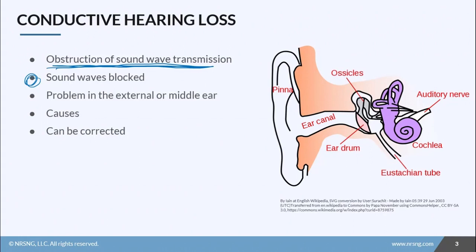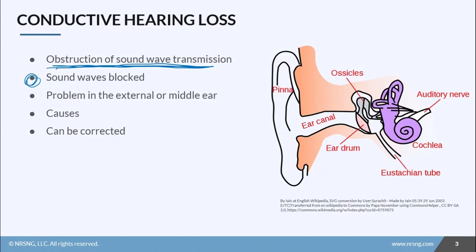It can also be caused by eardrum changes, so bulging, retractions, or perforations in the eardrum. This can also cause this type of hearing loss. These may indicate damage to the middle ear structures, which can lead to conductive hearing loss. Infection in the external or middle ear could also contribute to this type of hearing loss as well.